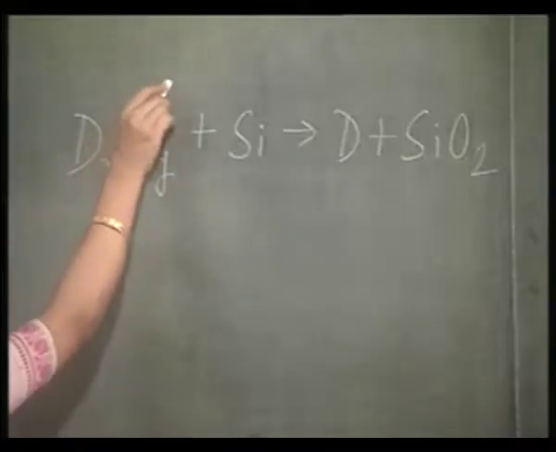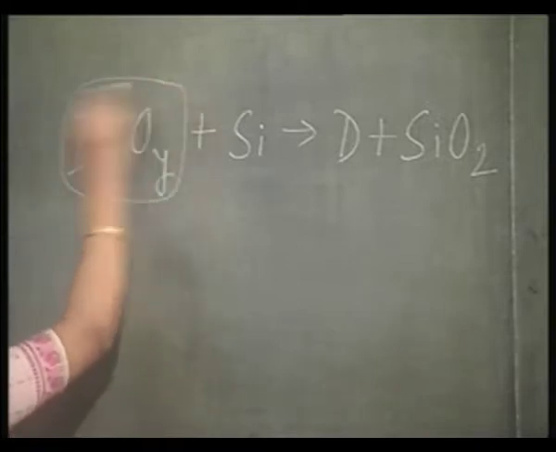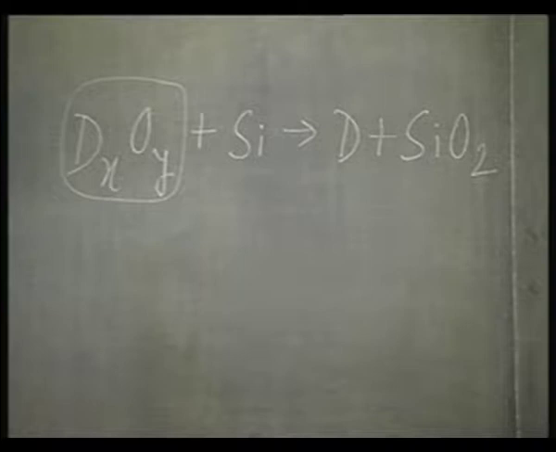Now, this DXOY can be used just as it is, like for example, you can use B2O3 or P2O5. Or more generally, what is done is you take some other compound of the dopant and make it react with oxygen in situ, so that this is formed, and then from this the dopant is incorporated into the silicon.